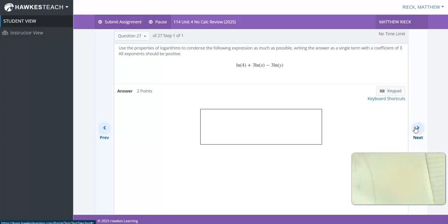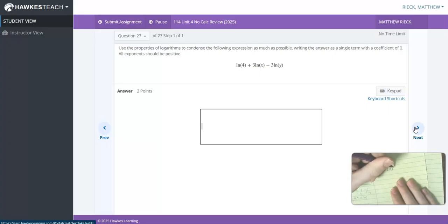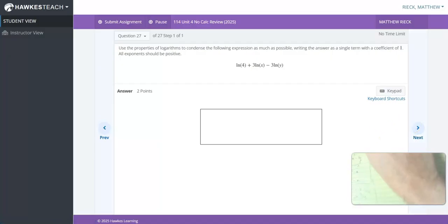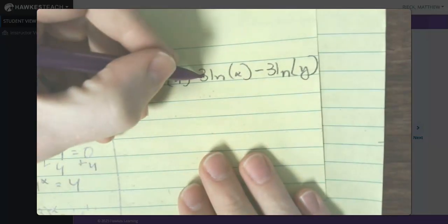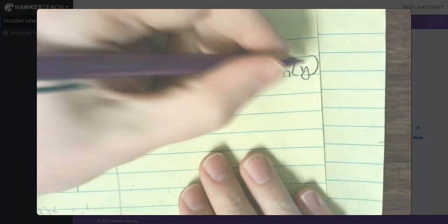And here we want to condense the logarithmic expressions. So we have natural log of 4 plus 3 natural log of x minus 3 natural log of y. All right, so first I'm going to rewrite this 3 natural log of x and this 3 natural log of y.